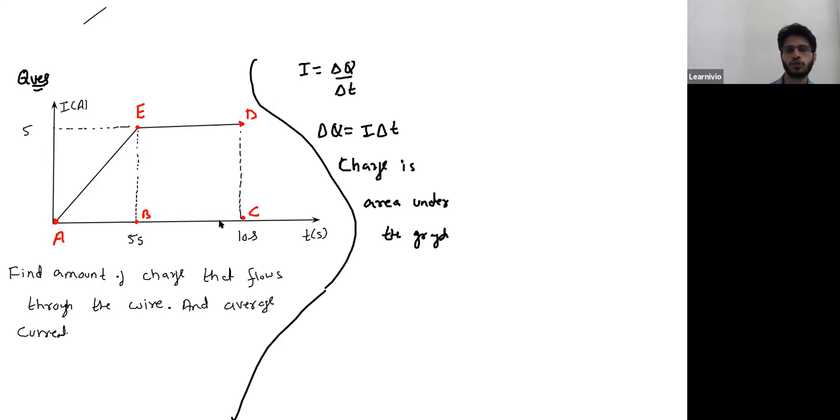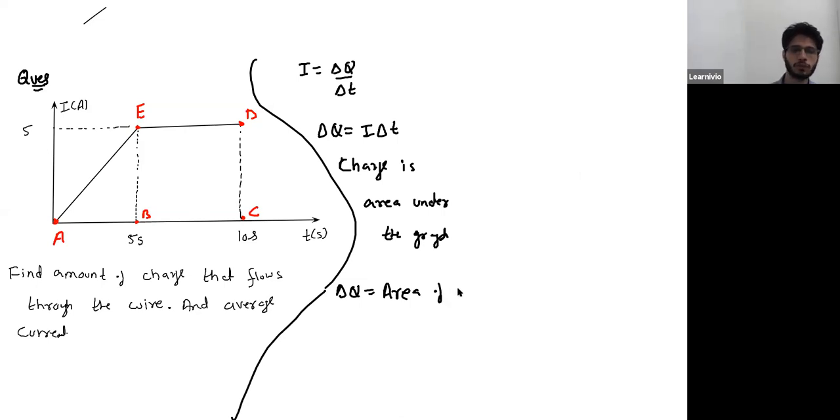AB and E is a triangle, and then EBCD is a rectangle. Can I say that ABCDE is a trapezium? It's a trapezium, it has two parallel sides. Yes, you can divide this into a triangle as well as a square. Both the methods are correct.